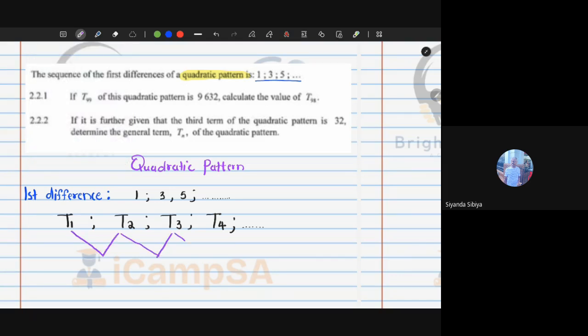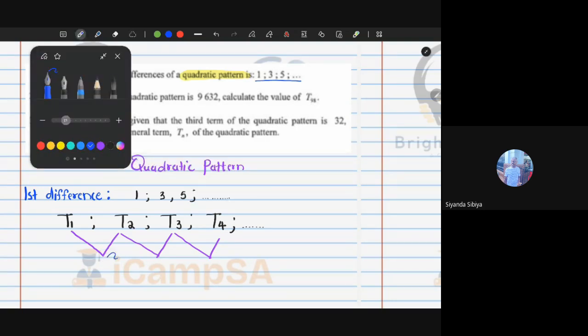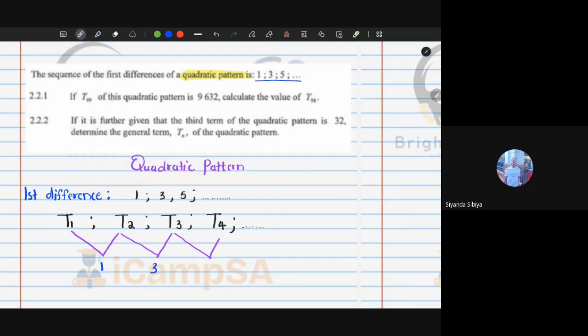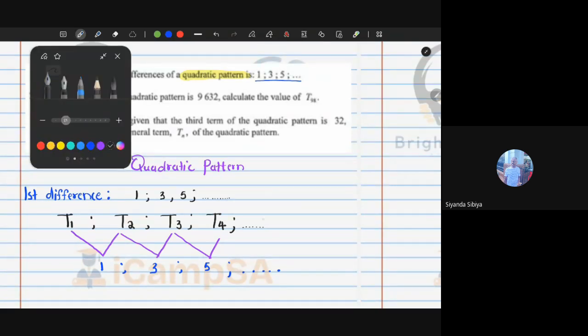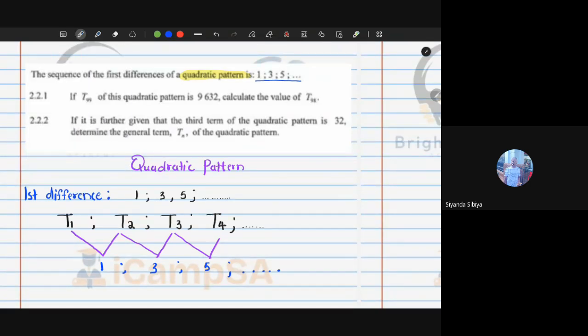So when we take these differences, we end up with the sequence that we have here, which is 1, and then 3, and then 5, and so on.